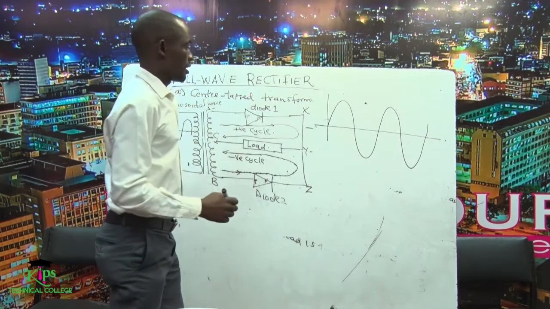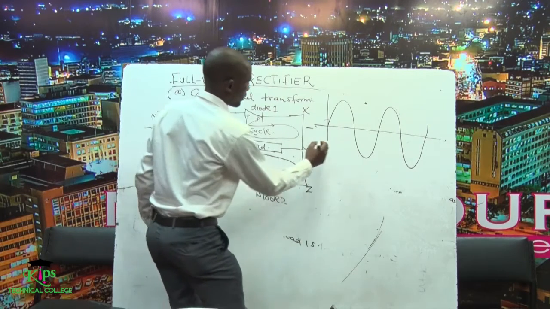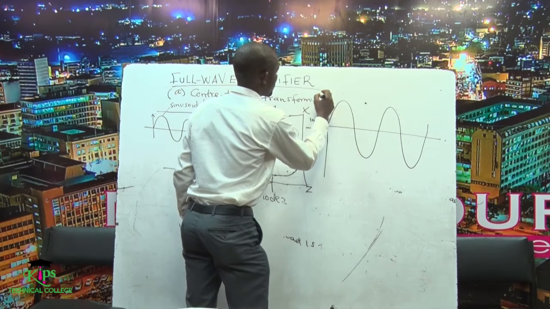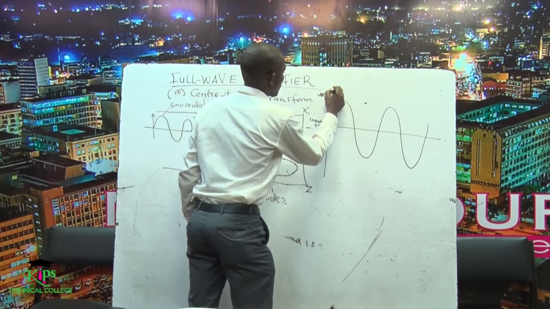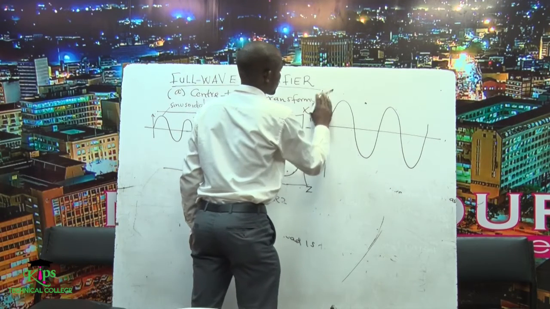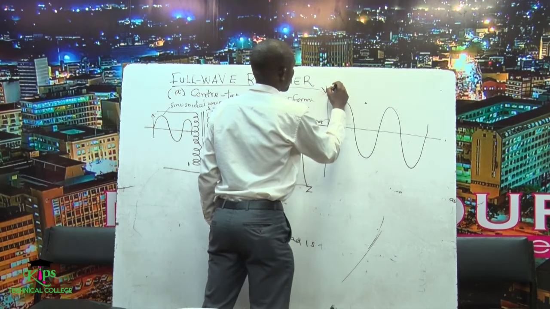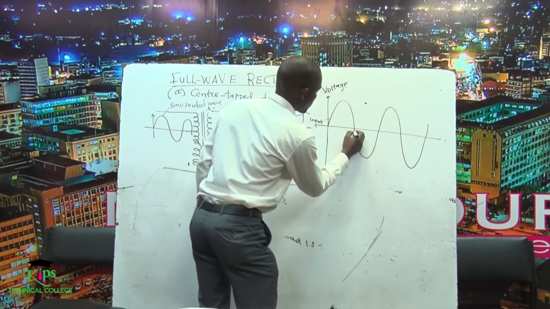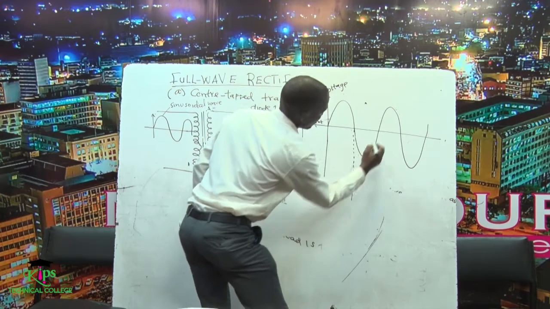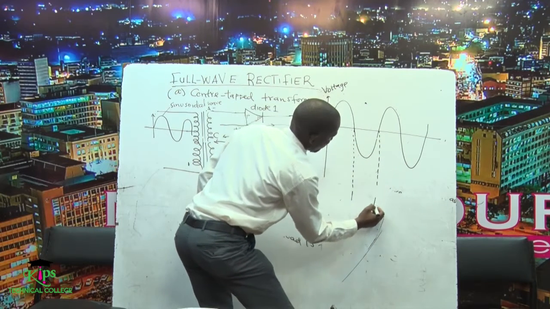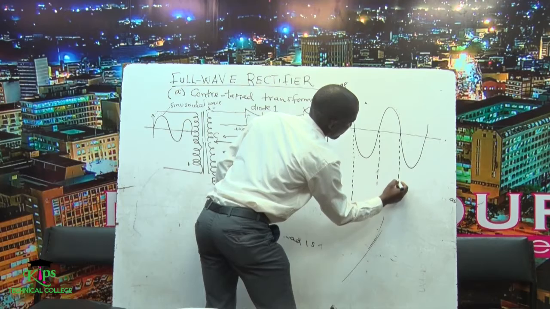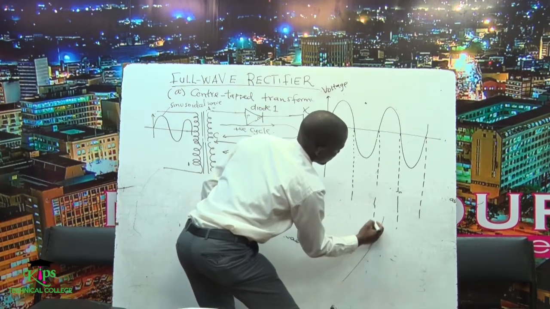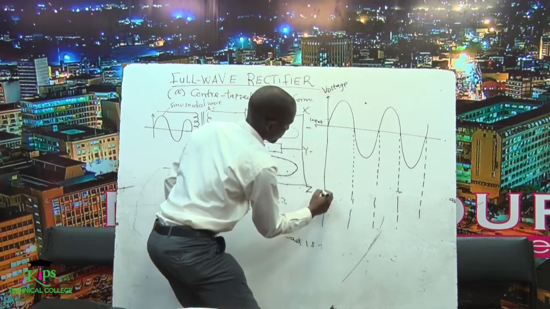That is the shape of the wave that is coming in. Whenever you are drawing this, remember I've said this is the input, this is the voltage. You can make some dotted lines to assist you identify the output.